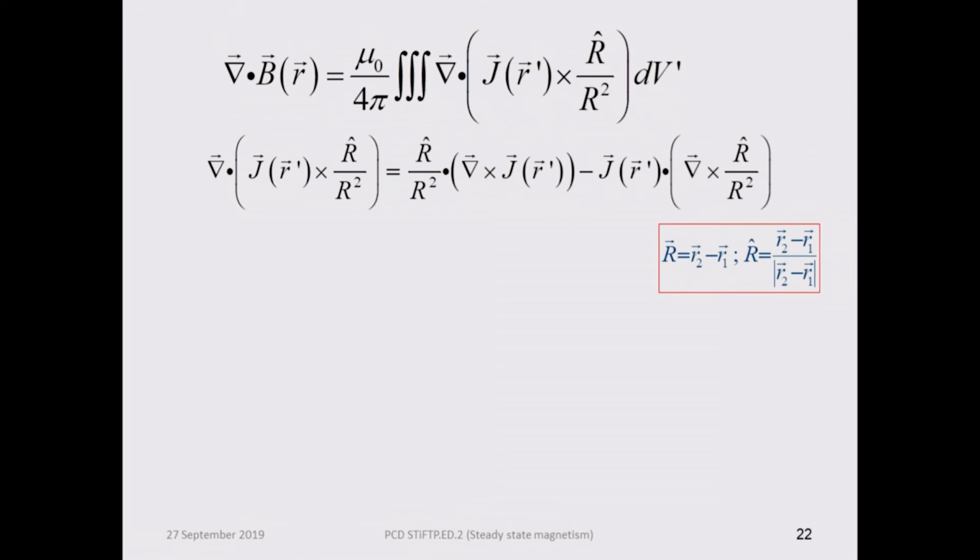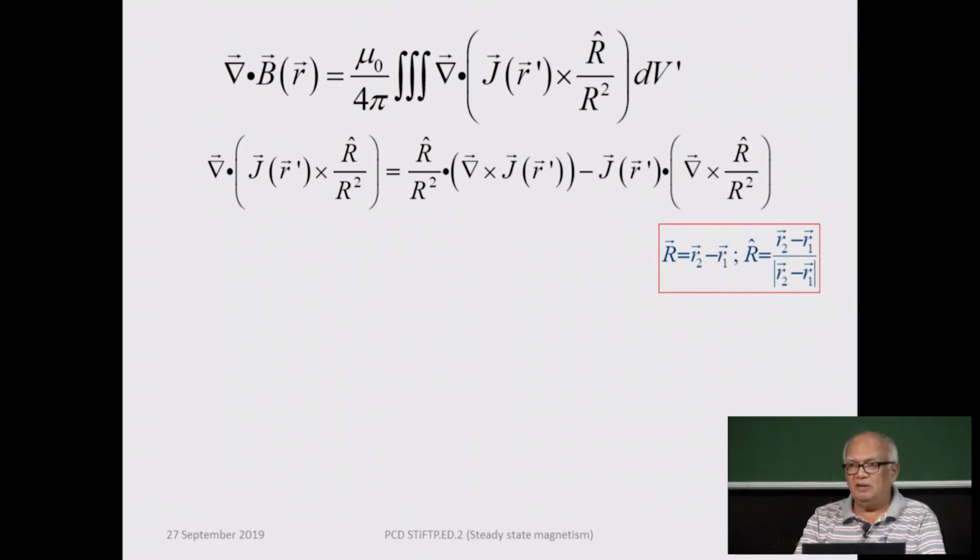Now notice that in the first term you have got the curl of the current density vector, but the current density vector at the source point. Okay. You are taking the curl, not really the cross product. Cross product is a term that you would use if you are using two vectors.